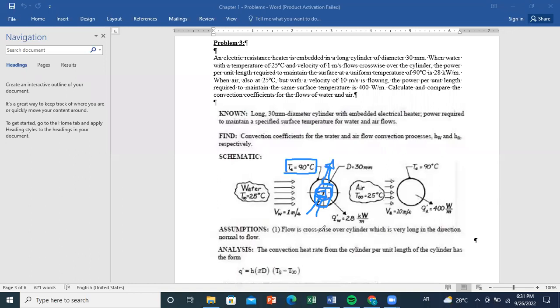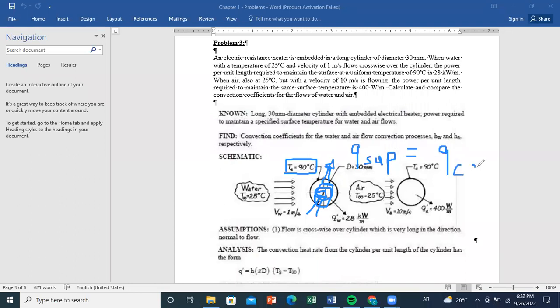So all we can write is that the power we are supplying, Q supplied, is equal to Q convected.